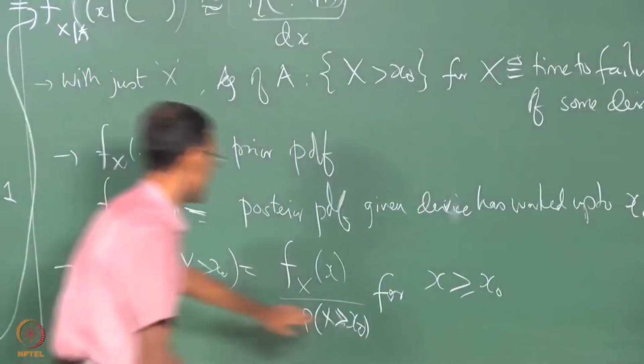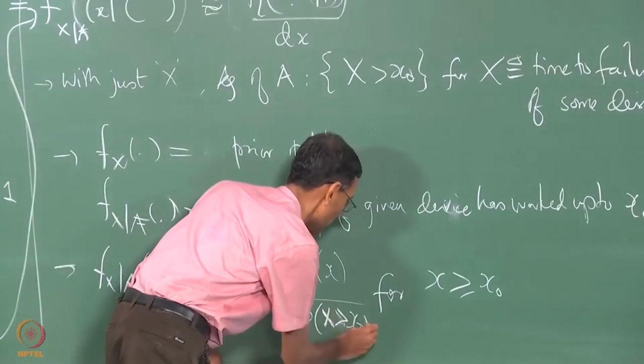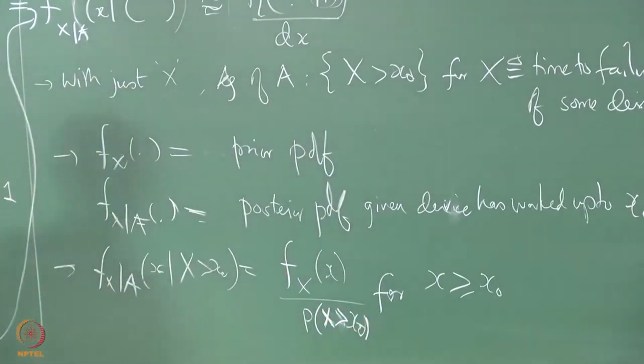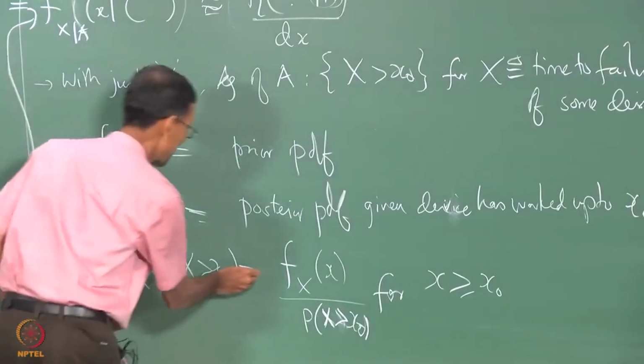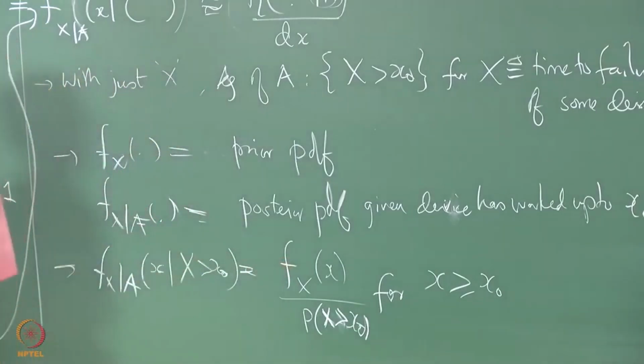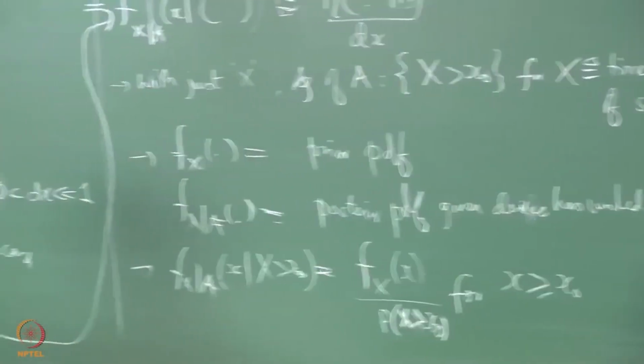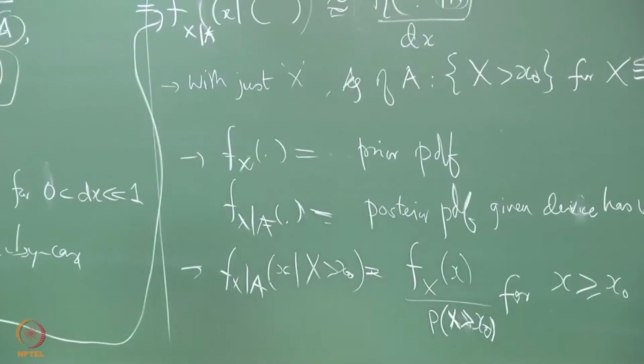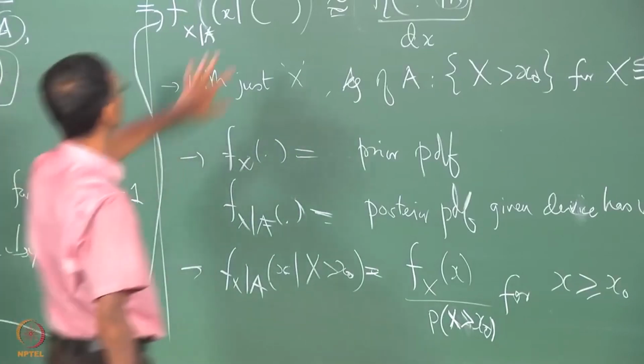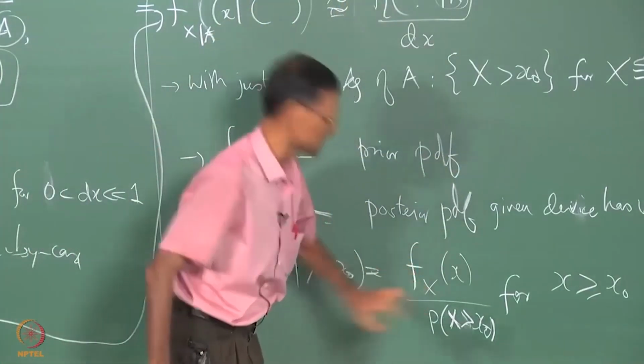This is P of A, which I am writing in expanded form as P of x greater than x naught. This is exact. Why can I make this statement? First of all, is this a valid PDF? It is a valid PDF. I am only going from x naught to infinity, and I am claiming that this operation will exactly give me this.